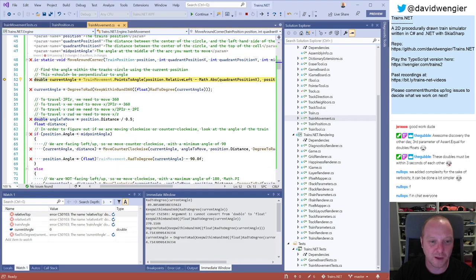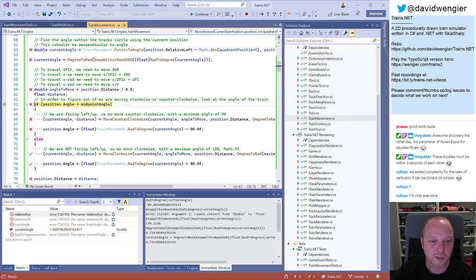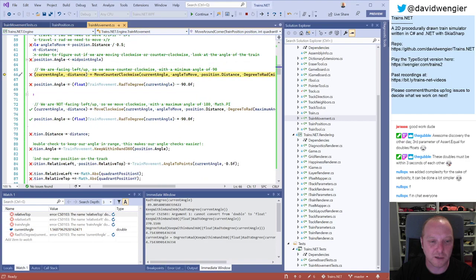But we'll see. The current angle is 1.5 and that should stay the same. Good. That's fine. We're at 0, that's fine. So we're going counterclockwise. So our angle is lower. I guess that makes sense.